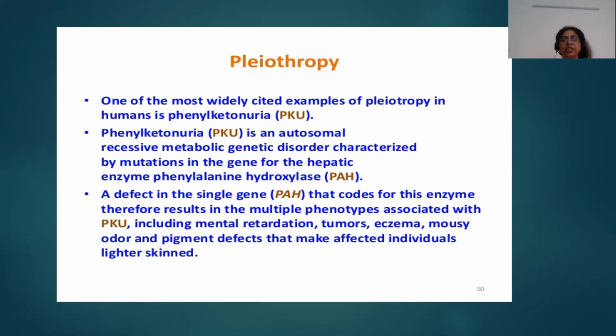So there is an accumulation of phenylalanine, and this phenylalanine finally gets converted into phenylpyruvic acid. And this phenylpyruvic acid gets accumulated in the brain, and it causes mental retardation.